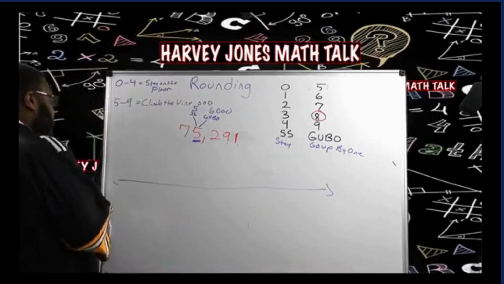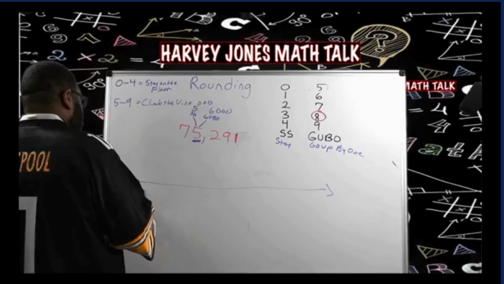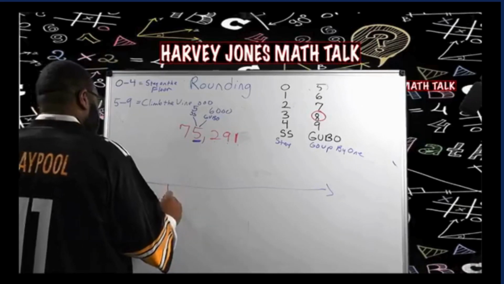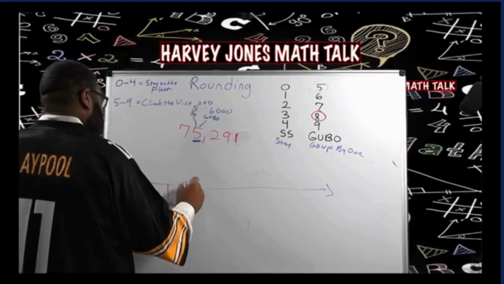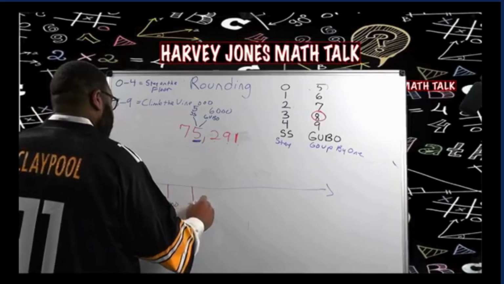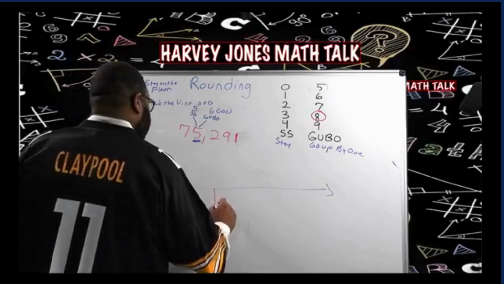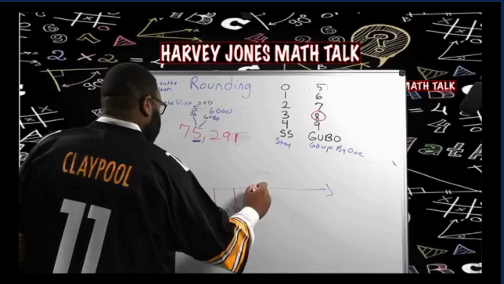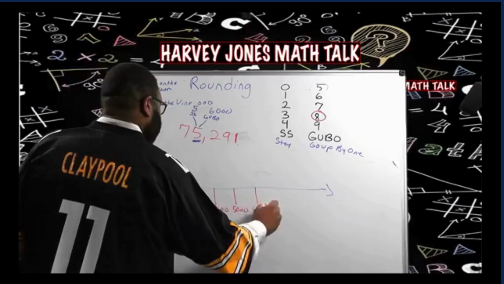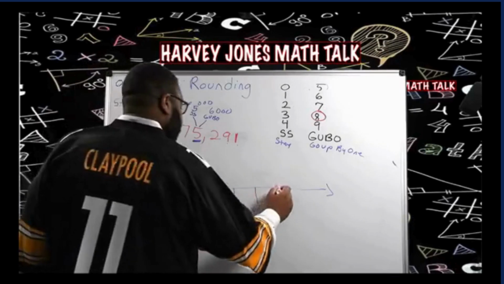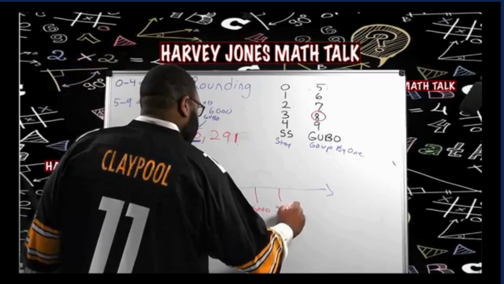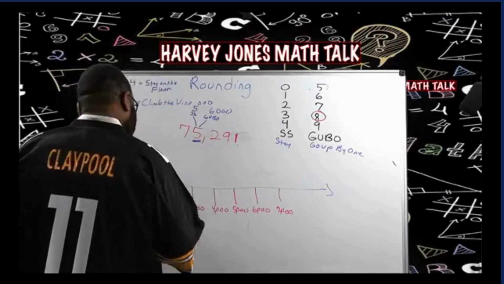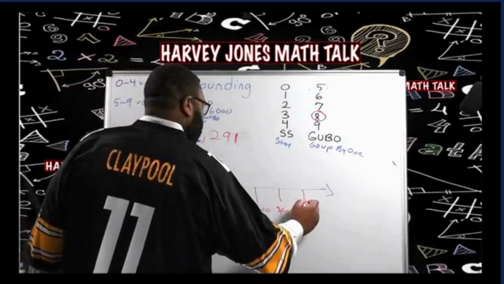And now we're going to do one with our thousands. 0, 1,000, 2,000, 3,000, 4,000, 5,000, 6,000, 7,000, 8,000.